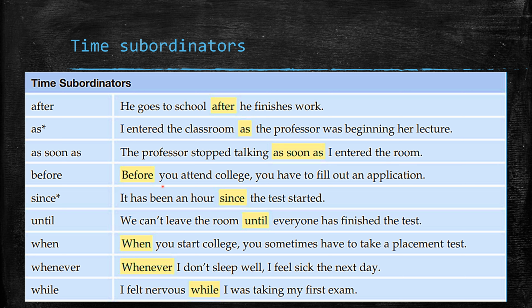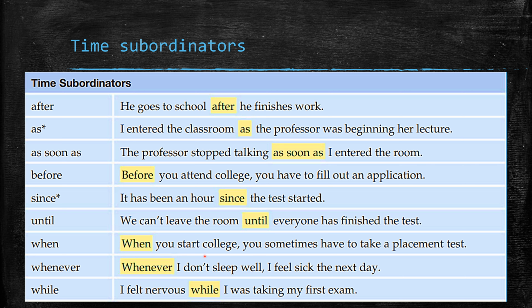Before. Before you attend college, comma, you have to fill out an application. Since. It has been an hour since the test started. Until. We can't leave the room until everyone has finished the test. When.